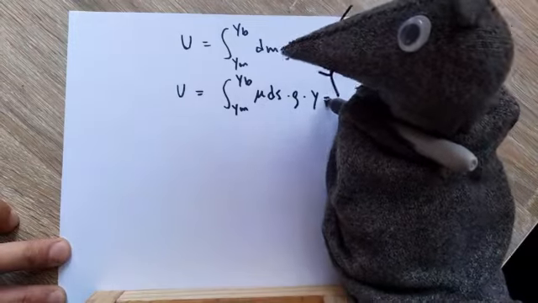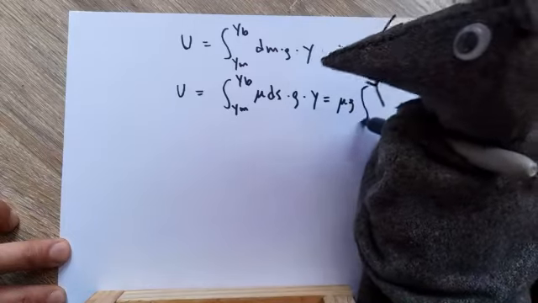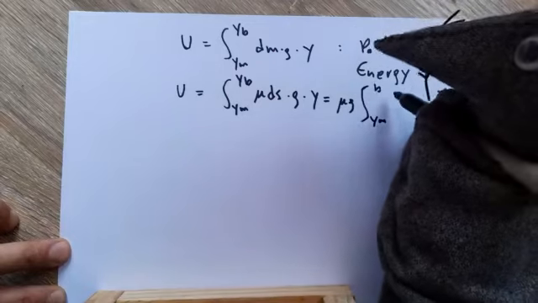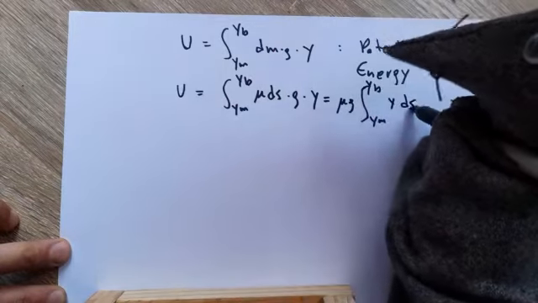We factor the mu and g outside, times the integral from ym to yb of y ds.